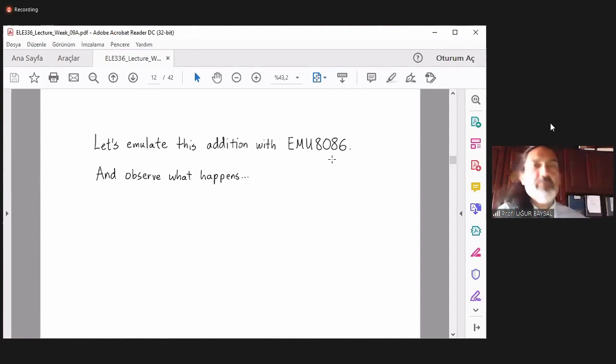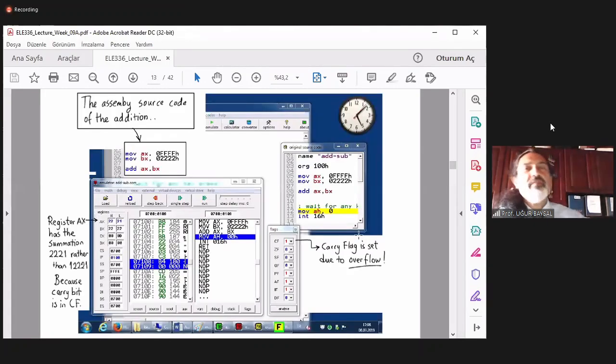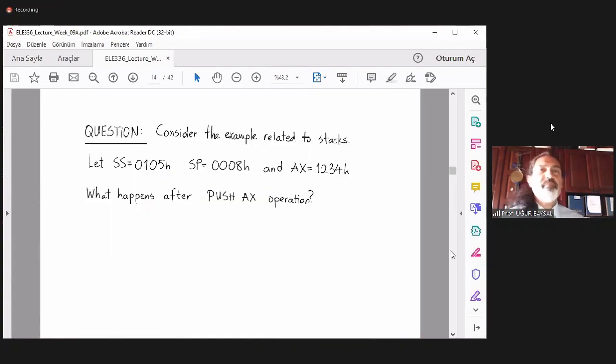Some of you may be bored by that, but it's a good way to practice. I know everybody is now an expert on emulator 8086, so you are very familiar with those kinds of screens on your computer, and this is how it's done in the simulation world to add two 16-bit hex numbers.